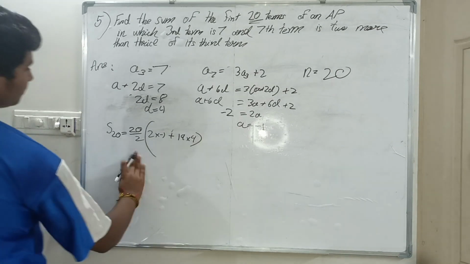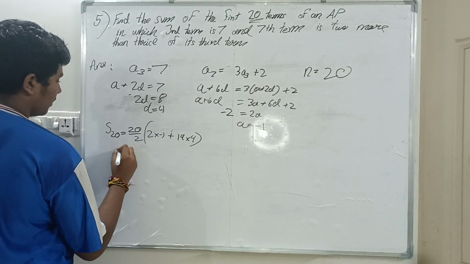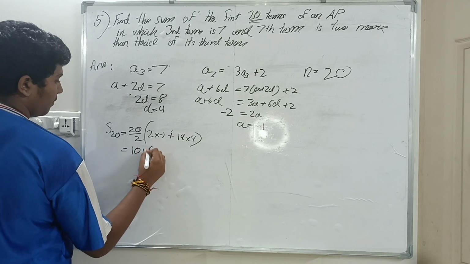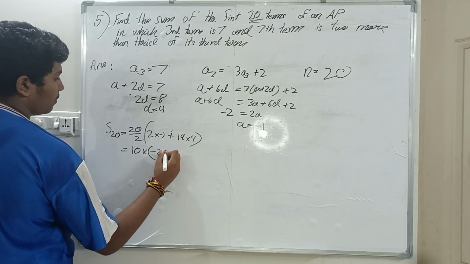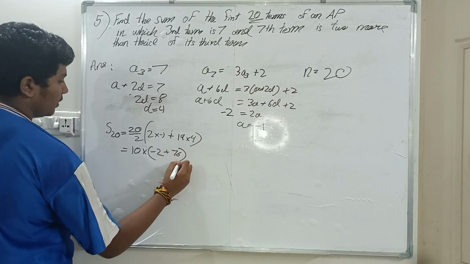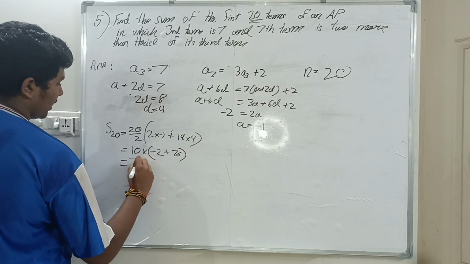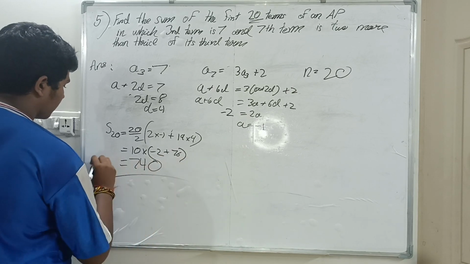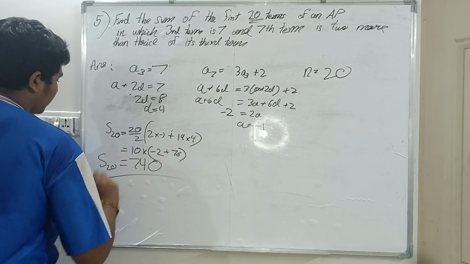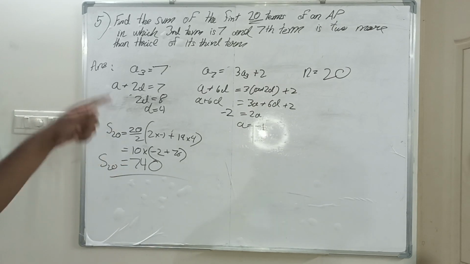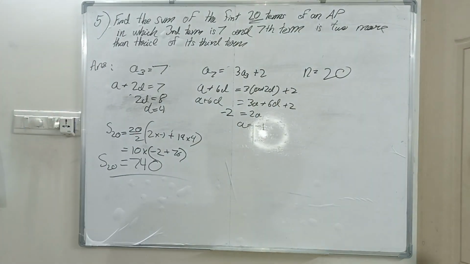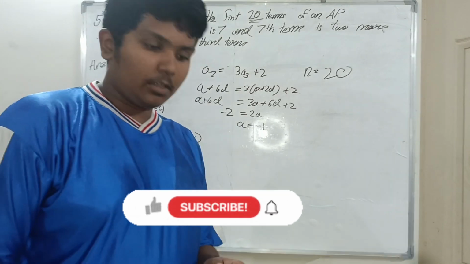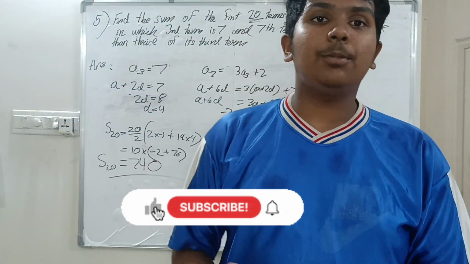So what are we going to do? This will be 10 into (minus 2 plus 76), which will be 740. Hence, the answer is the sum of the first 20 terms of an AP is 740. So, thank you. Please subscribe, share, and like.